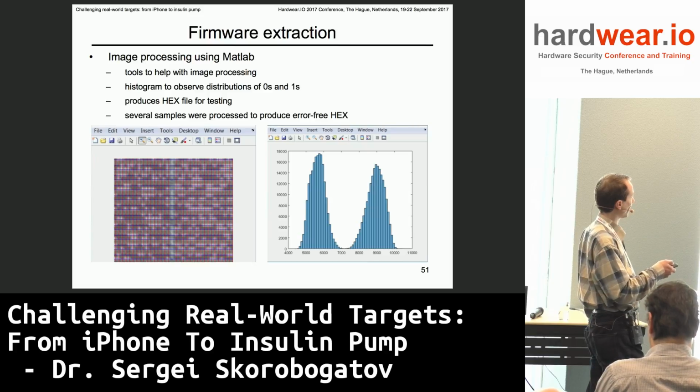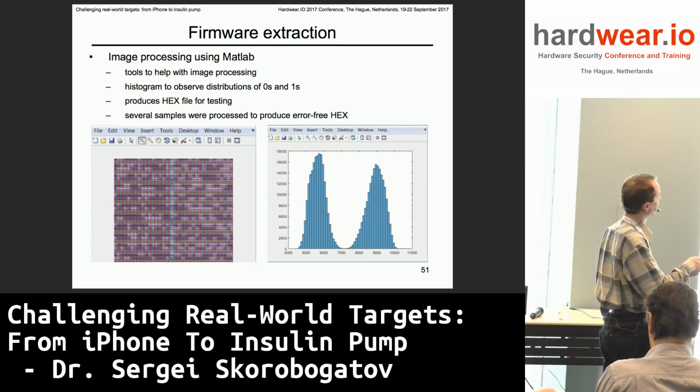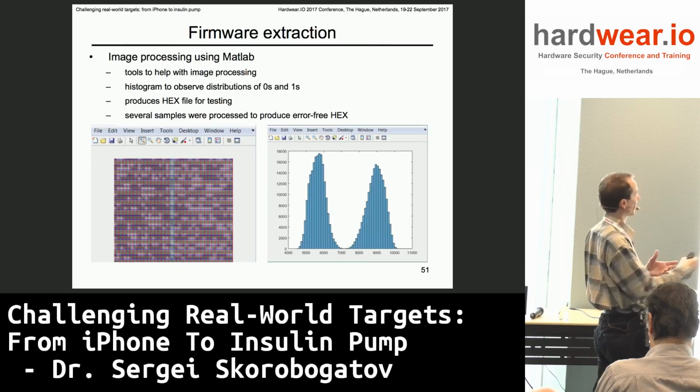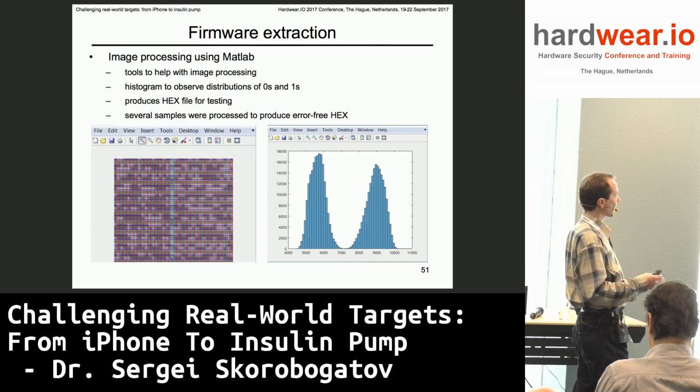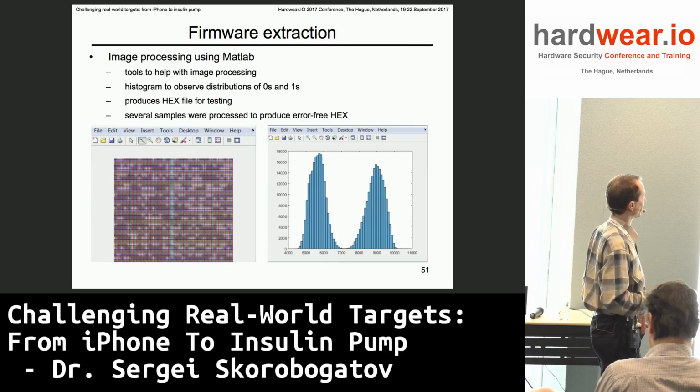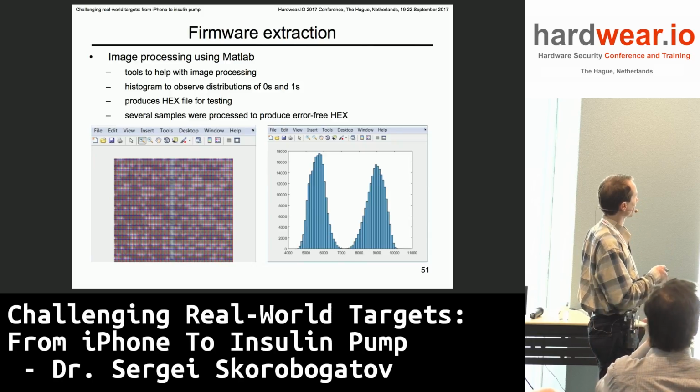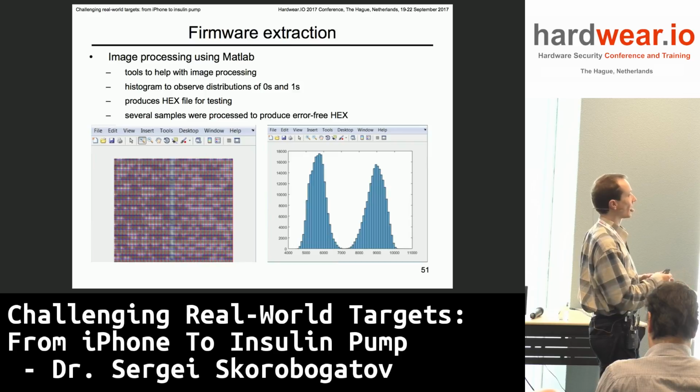And then after the image analysis, you draw the histogram, and you can see how well the zeros and ones are separated. So ideally, you need them to be quite apart, so you can detect zeros and ones with high probability. And because that wasn't the case, as you can see, the image doesn't have very good contrast, I had to process several samples and then combine them together to produce the final hex file.